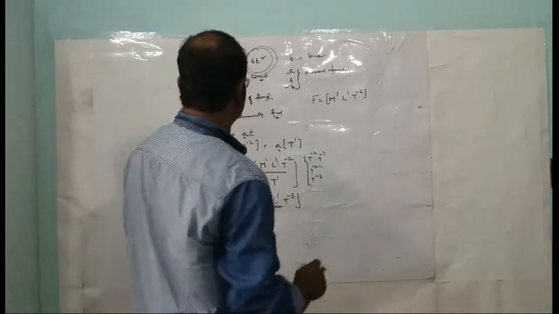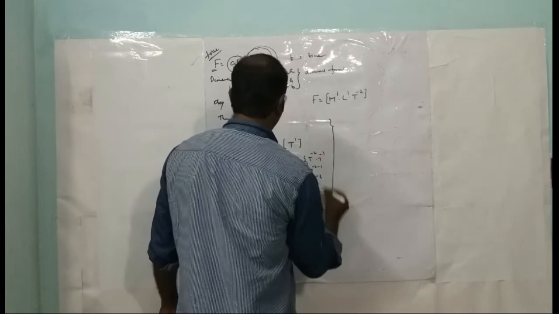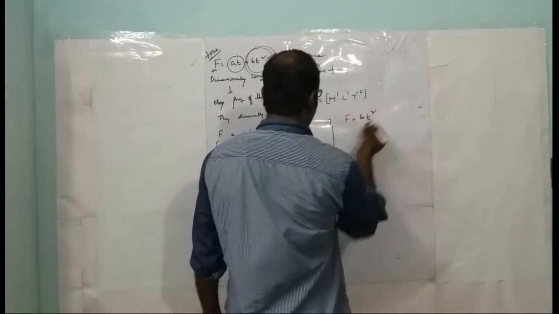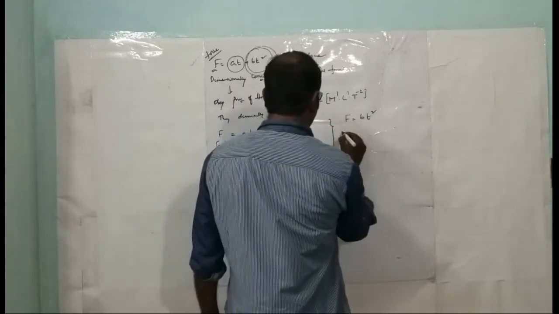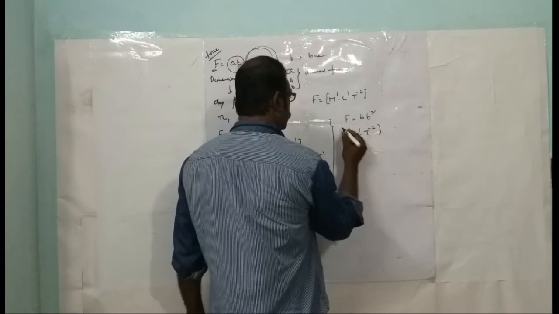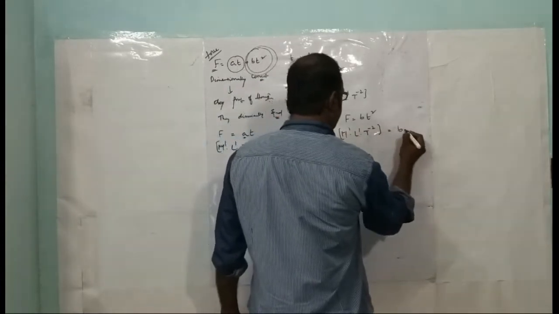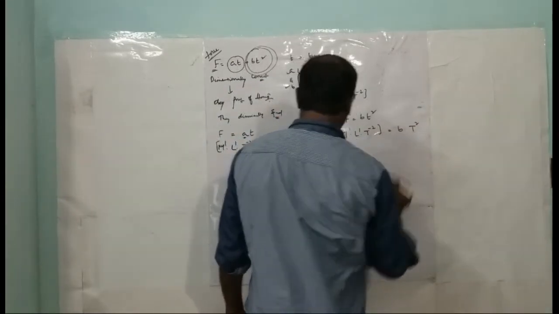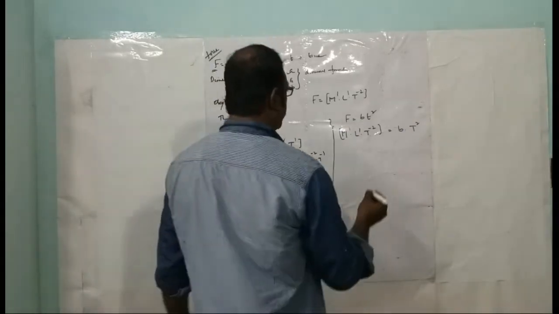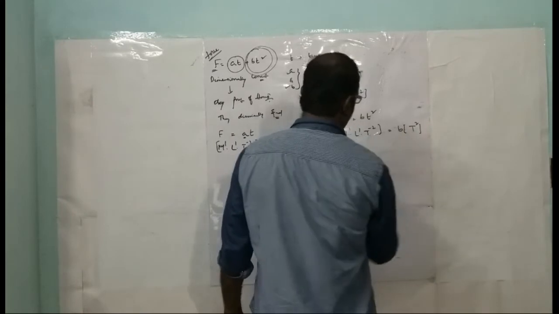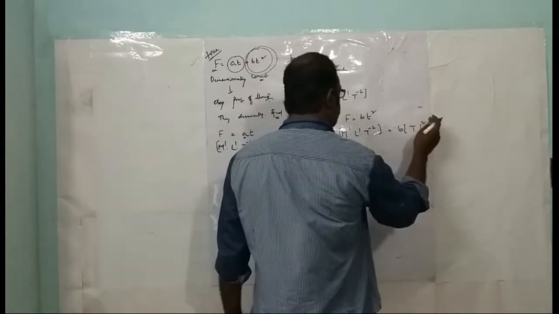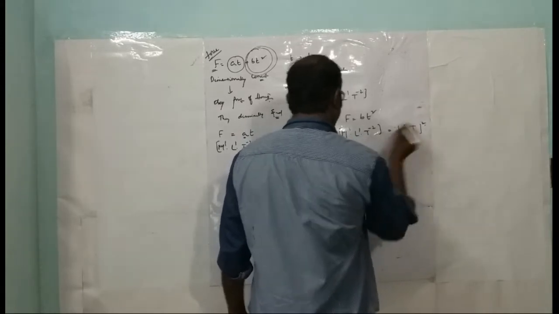Coming to the dimensions of physical quantity B. F = BT². What are the dimensions of F? M¹L¹T⁻² = B × T².